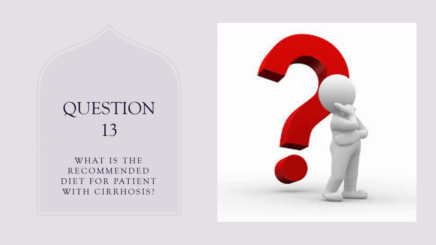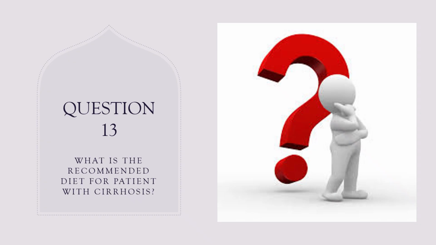Protein is needed to promote healing and maintain muscle mass. 1.2 to 1.5 grams per kilogram per day of protein is encouraged unless the patient has severe hepatic encephalopathy, in which case protein intake may need to be temporarily reduced.